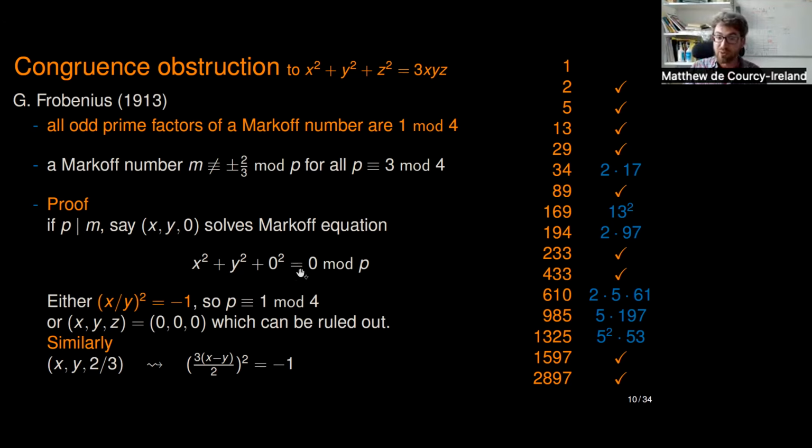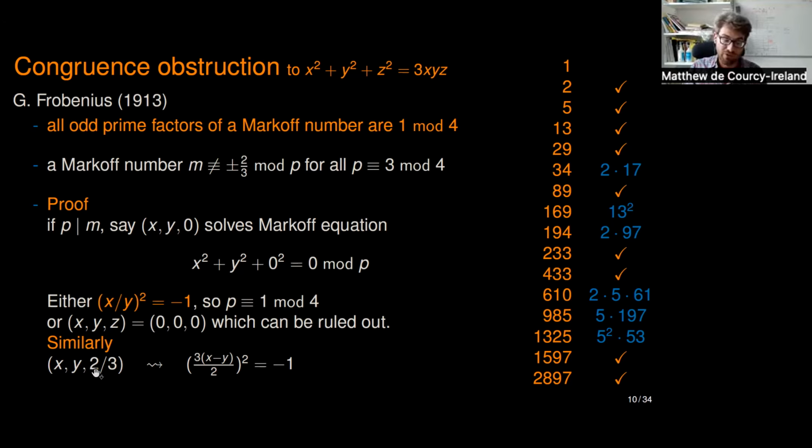But with a coordinate equal to 0, you just get x squared plus y squared equals 0. So either all the coordinates are 0, which is ruled out from the beginning. Otherwise, you can divide by one of the variables and get a square root of -1. So this can only happen if p is 1 mod 4.